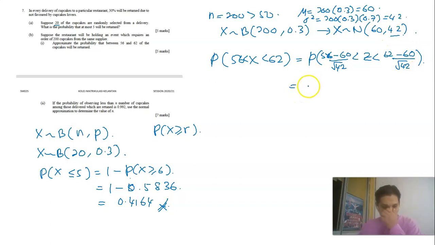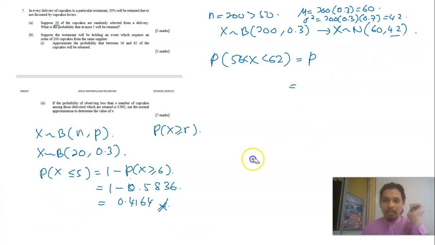Okay, so then this one will give you, oh yes, sorry, we should add something. I missed something here because it's from binomial to normal. So we're going to come up with what we call continuity correction.